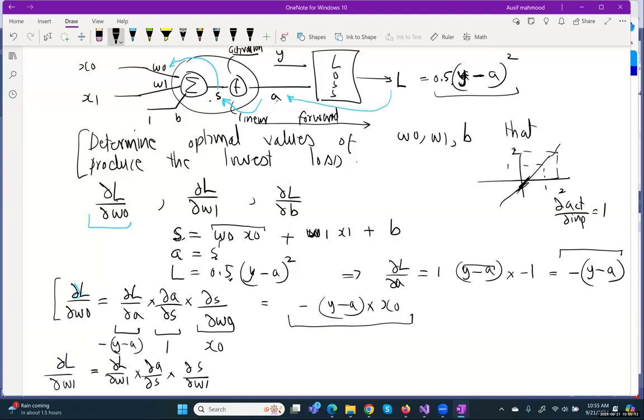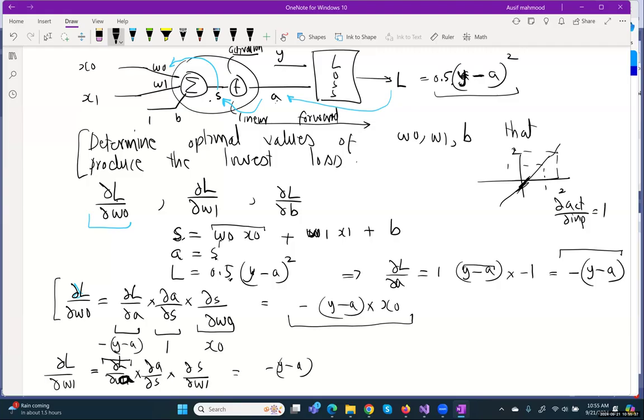Okay, so this one we already have. This should be partial L over partial A, sorry, I made a mistake. So this one we already calculated is minus (y minus A), correct?